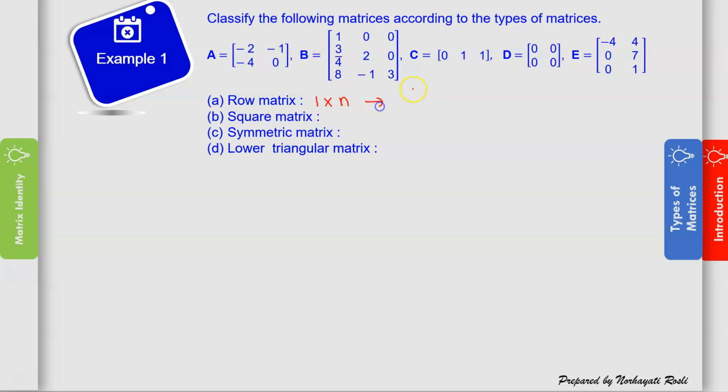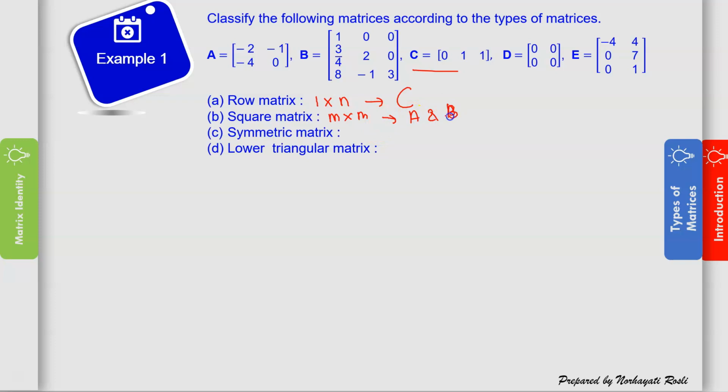In this case, we can see that C is a row matrix. A square matrix is a matrix which has m times m, that is, the number of rows equals the number of columns. So in this case, we have A and B as square matrices.